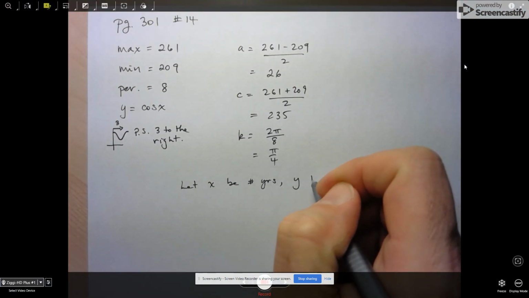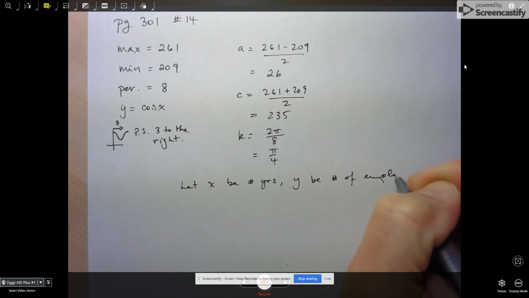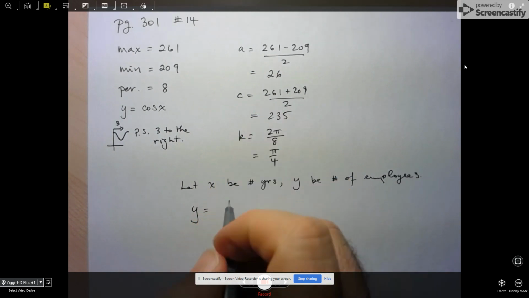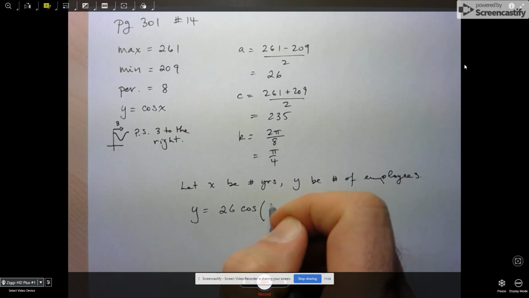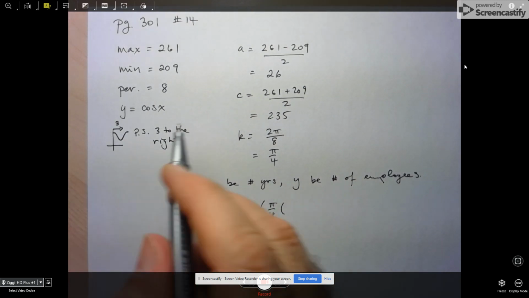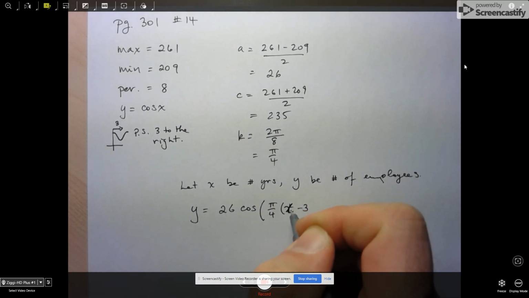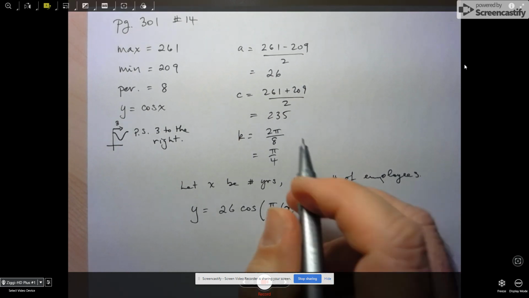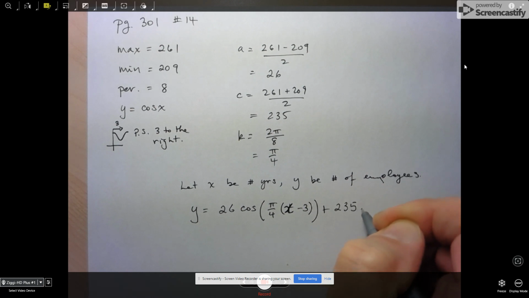Let y be the number of employees, then we can say that y is equal to 26 cos, since I'm using positive cos, of pi over 4 times, I need to move 3 to the right, so x minus 3, and then plus my C value there, 235.